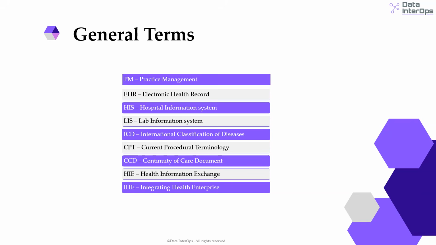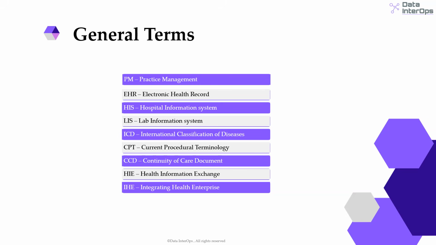The next one is HIS. There are various abbreviations for this. You may call it HIS, HMS, HMIS, HIMS. Apparently, all of these refer to the same software system. This software, called Hospital Information System or Hospital Information Management System, is software where you have all the modules pertaining to your PM system and your EHR system.